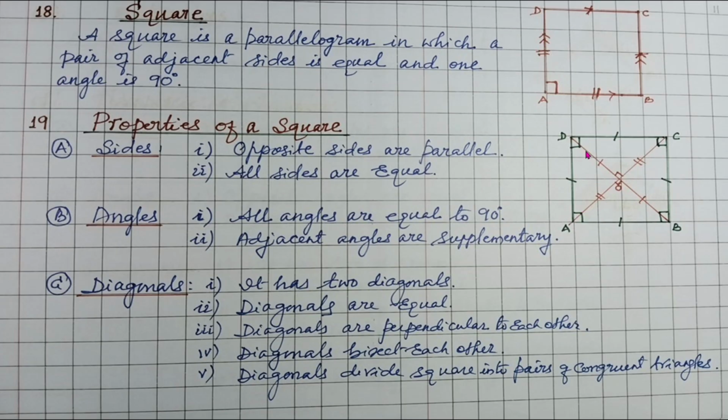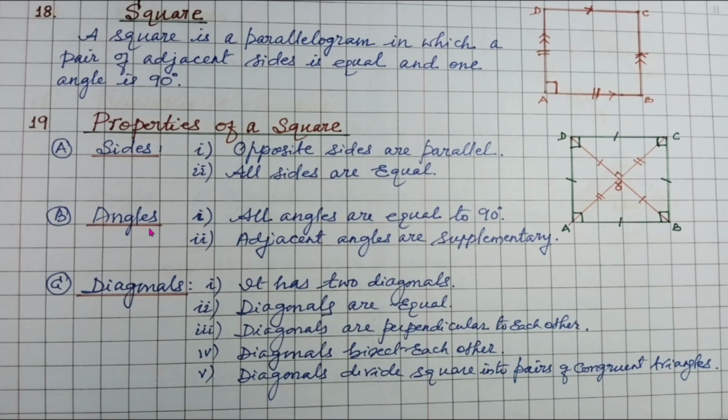That means a rhombus becomes a square if its angles are 90 degrees. Also, the diagonals of a rhombus are unequal, but the diagonals of a square are equal. Therefore a rhombus becomes a square if the diagonals are equal. Remember this. These are some basic differences which we have to remember.